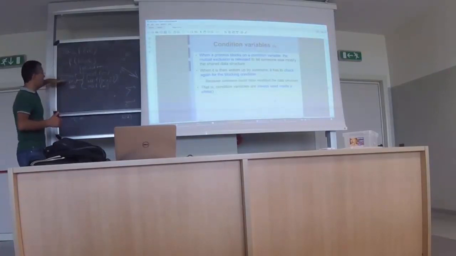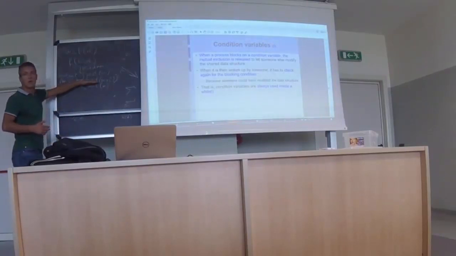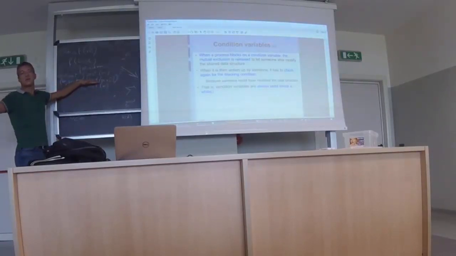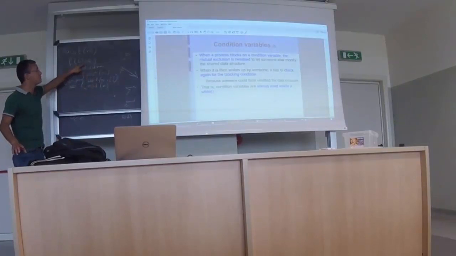After I woke up, I tried to acquire the mutex, but someone else took it already. It can do whatever it wants. It may perfectly happen, and it's okay if that happens. With this other guy executing with my mutex, what can happen? It may happen that this blocking condition changes.